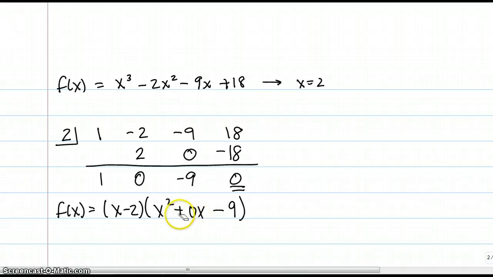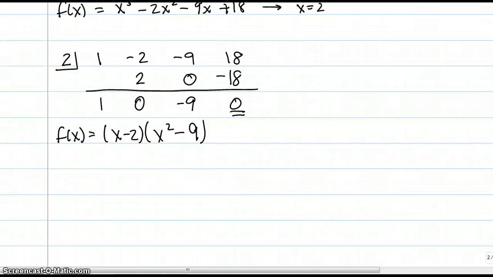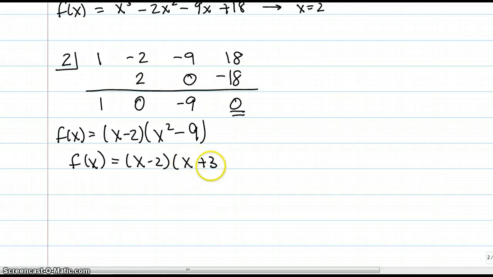We can all know that if you have 0x, it really just doesn't exist. So x squared minus 9. So now I just need to make sure I'm factored completely. X squared minus 9 is a difference of two squares. So f of x equals x minus 2 times x plus 3 and x minus 3.